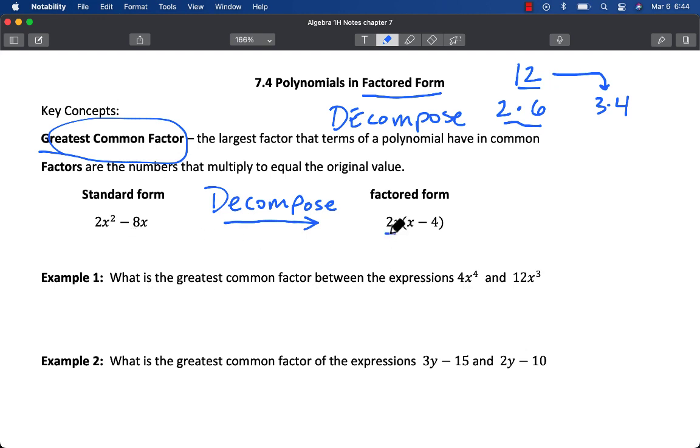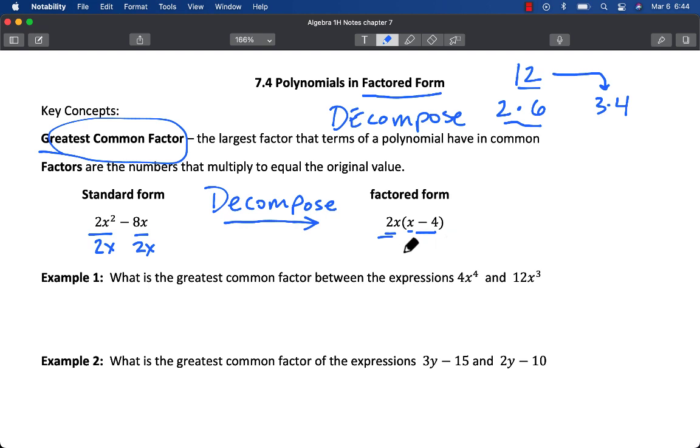What we're left with is what we would get if we took each term and divided it by 2x. So 2x squared divided by 2x gives me x, and negative 8x divided by 2x gives me negative 4. So my two factors are 2x and x minus 4.